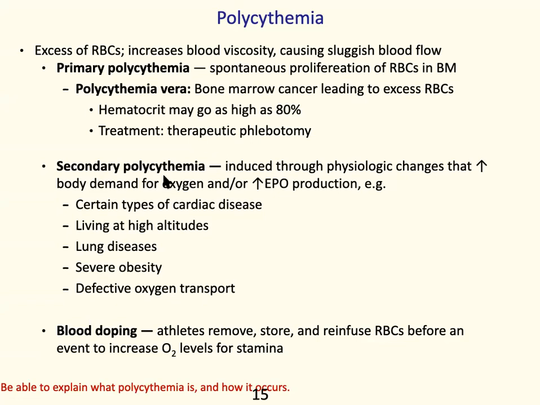Okay, and then as we mentioned, secondary polycythemia is an induced condition. It's induced through physiological changes that increase the body's demand for oxygen or for erythropoietin production. So, for example, certain types of cardiac disease, where your body senses insufficient oxygen supply, so it ramps up EPO production and triggers more red blood cells to be produced.